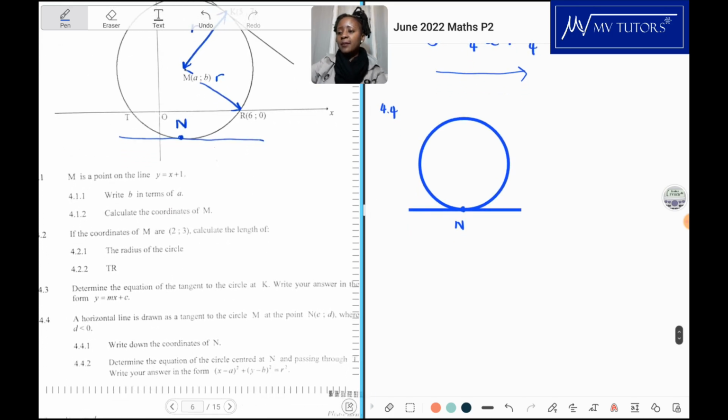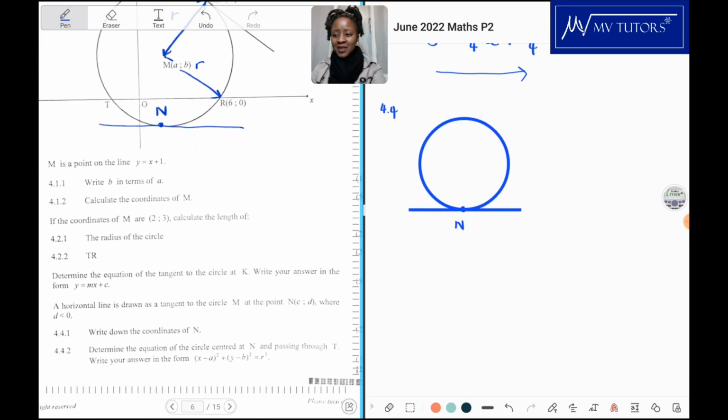What are they saying about N? Write down the coordinates of N. We know that our center M is (2, 3). N will have the same x value, which is 2. But what will the y value be? I know that the radius, because we have determined it before, is equal to 5 units.